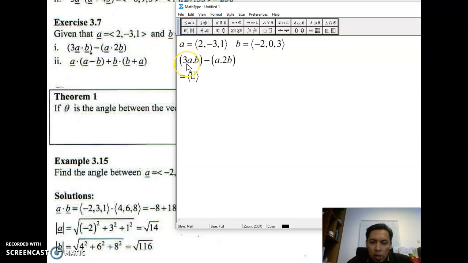So we have 3 times 2, which is 6, and then 3 times -3, which is -9, and then 3 times 1, 3. Okay, sorry, I'm going to do it like this, dot with B, right, this one.